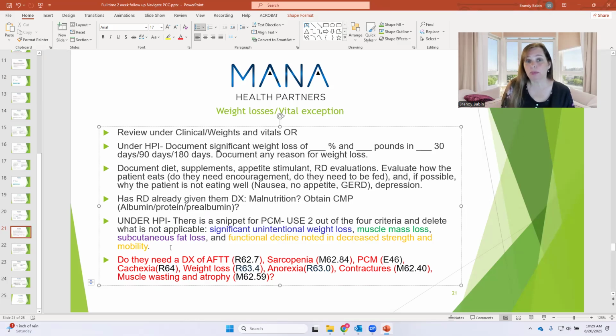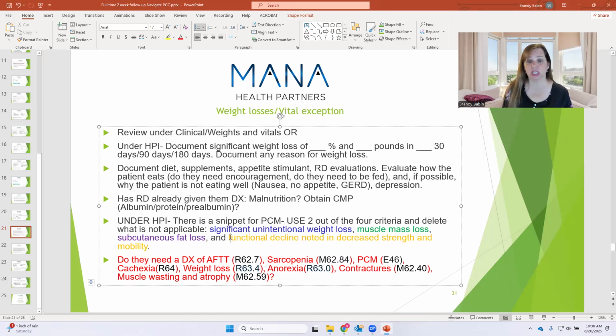The answer would probably be yes. However, have they lost subcutaneous fat? It doesn't mean they don't have any, but have they lost that? So an 86-pound patient is obviously going to be yes, maybe even a 100-pound patient. But would your 220-pound patient have subcutaneous fat loss? If they were 250, 260, 270, then the answer would be yes.